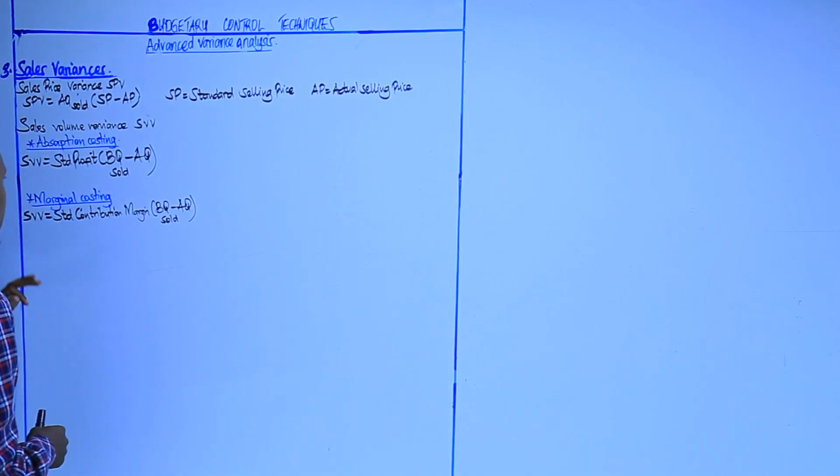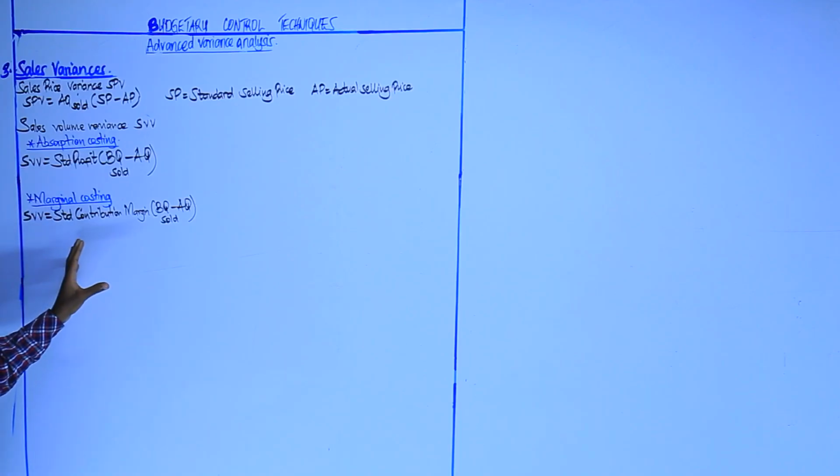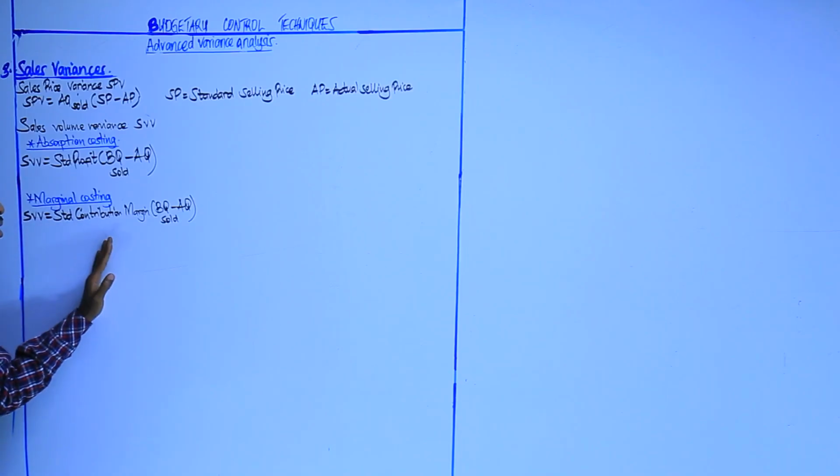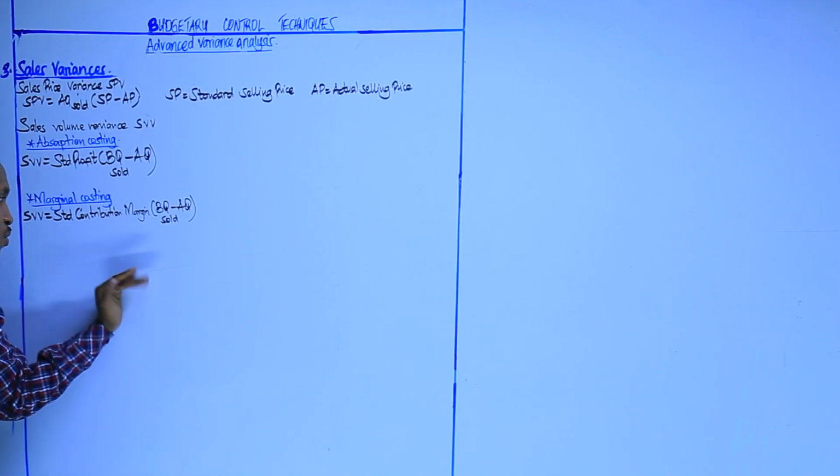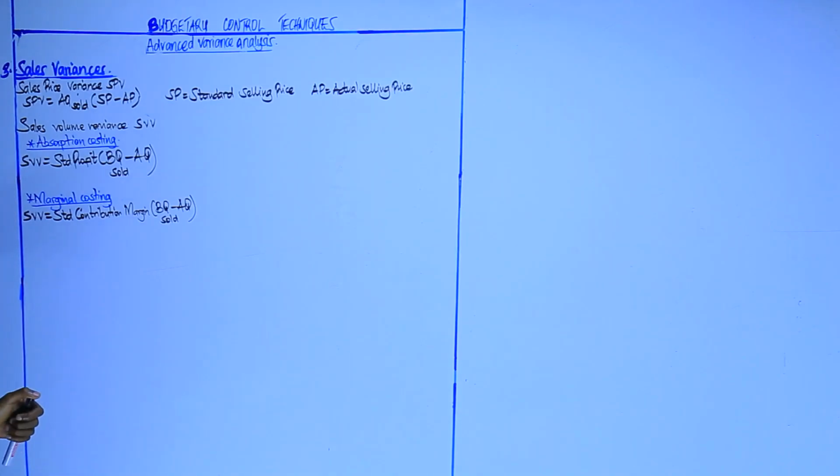Now these volume variances can further be subdivided into two others: sales mix and sales quantity variances.